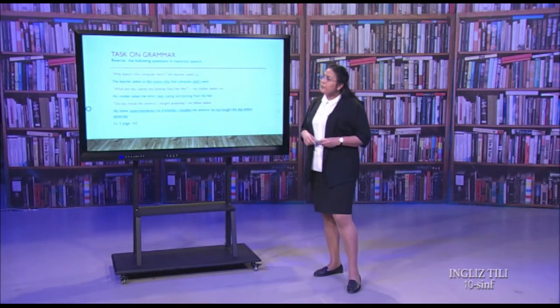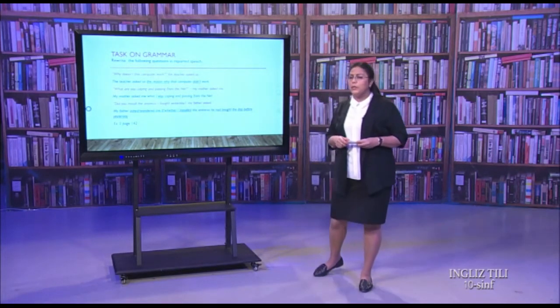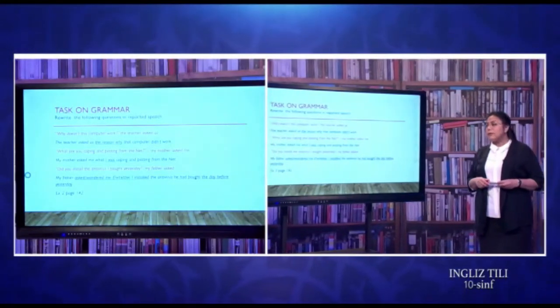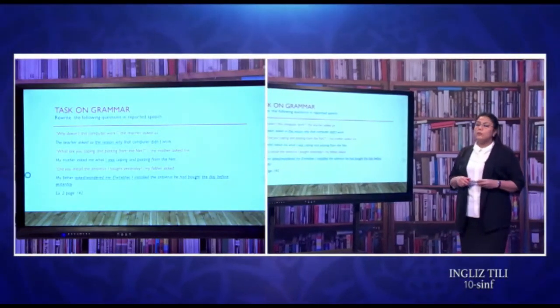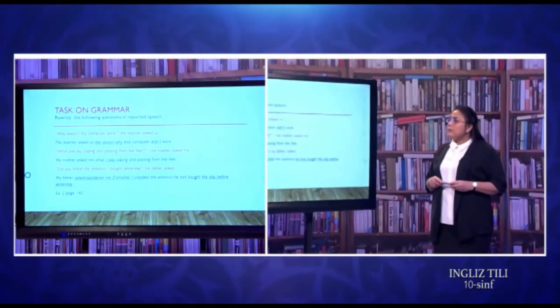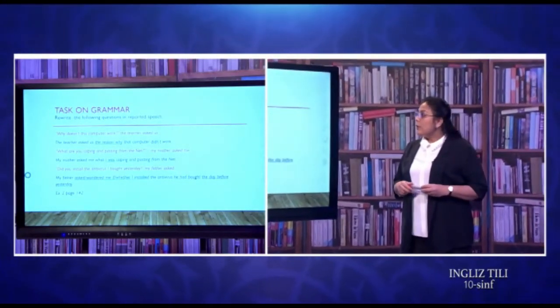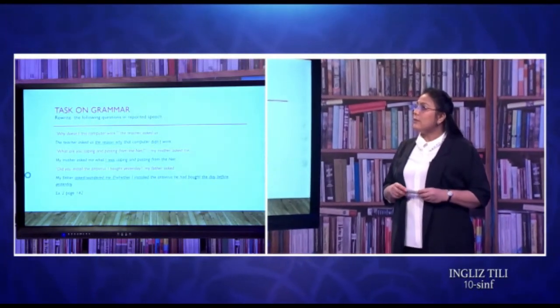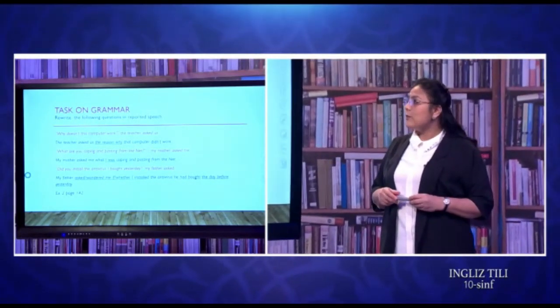And now, open your books on page 142, exercise number 2, and you have tasks for reported speech. Here, the first sentence I will try to explain to you. The question is, why doesn't this computer work? The teacher asked us.